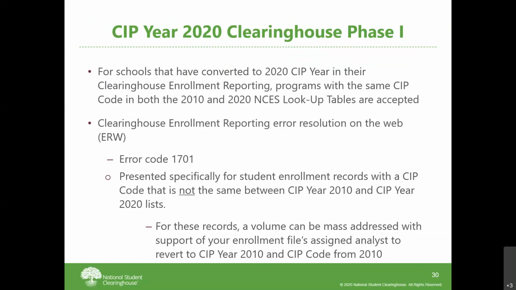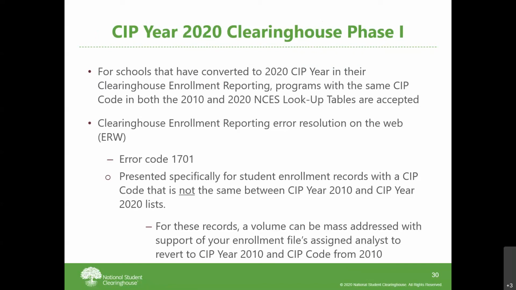Going back to the phase that is in effect, for schools that have converted, in other words, where you have let us know that you are sending over enrollment to reflect the CIP year 2020 in your enrollment reporting to Clearinghouse, the programs with the same CIP code in both 2010 and 2020, we're simply accepting them.